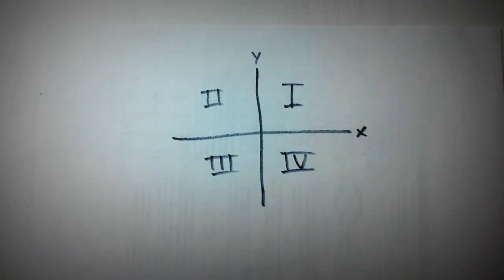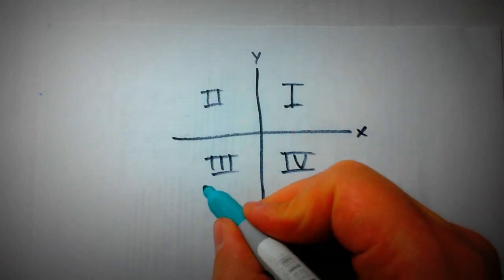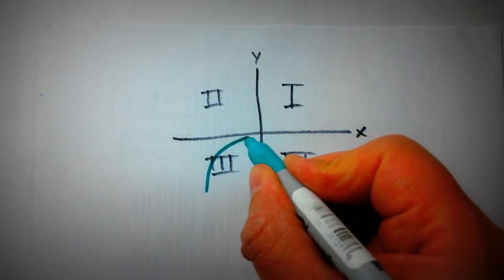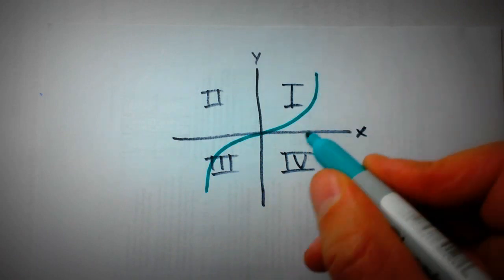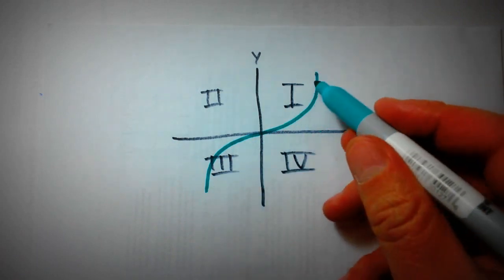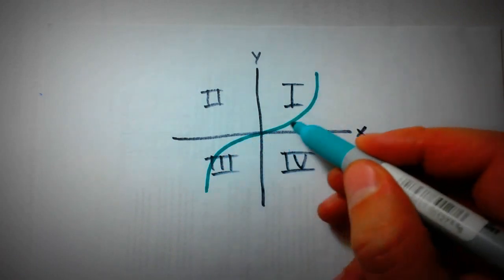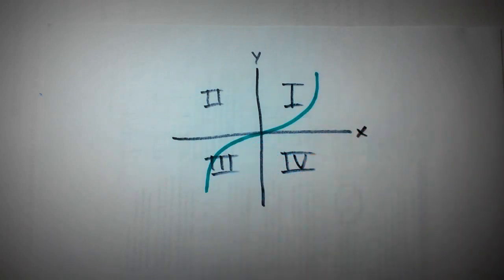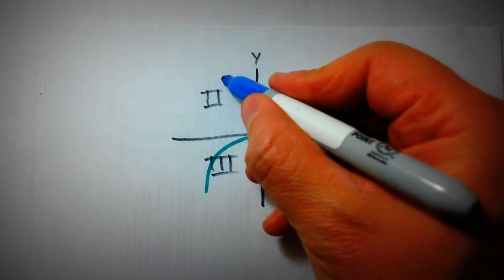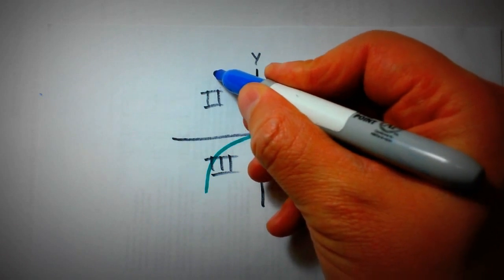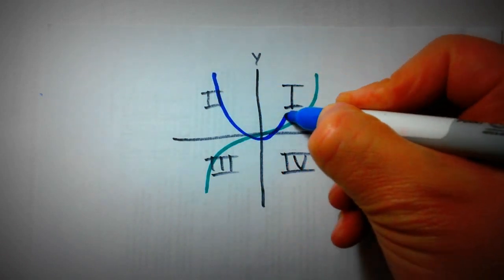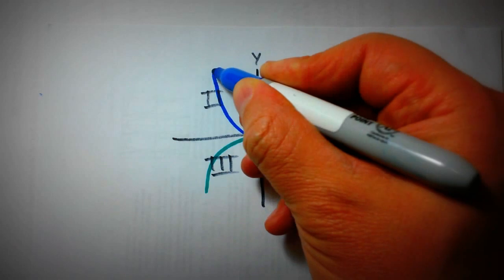For example, if we were dealing with a cubic function, we say that it's moving from quadrant 3 to quadrant 1. More precisely, if we're dealing with an odd function, then we're moving from quadrant 3 to quadrant 1, and if we're dealing with an even degree function, then we're moving from quadrant 2 to quadrant 1.